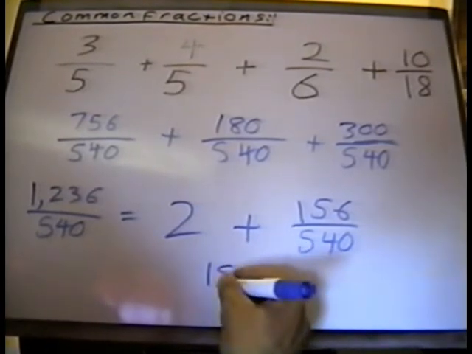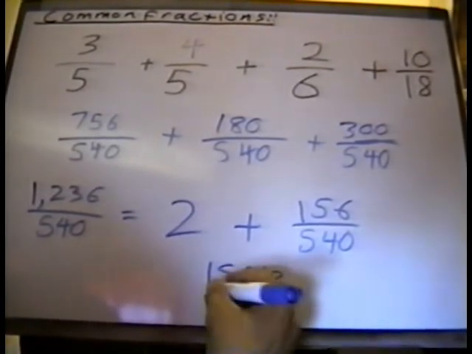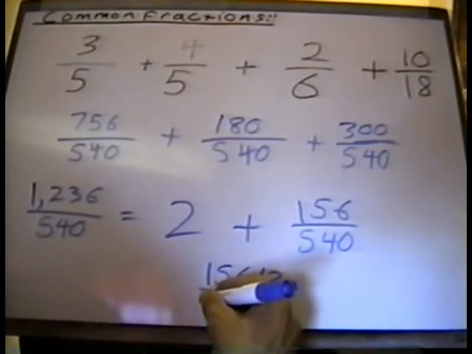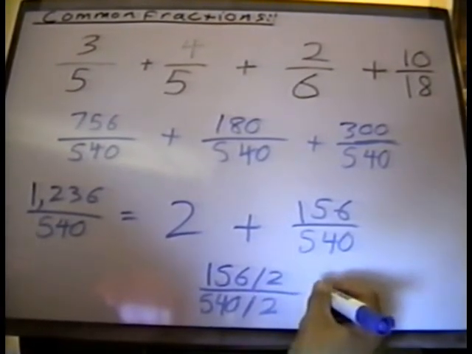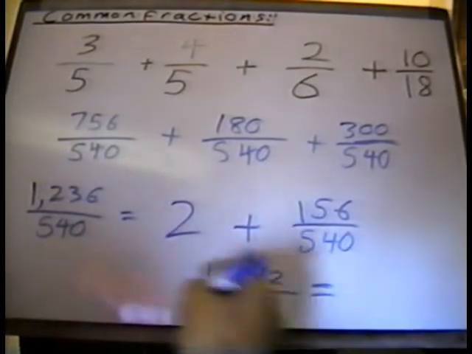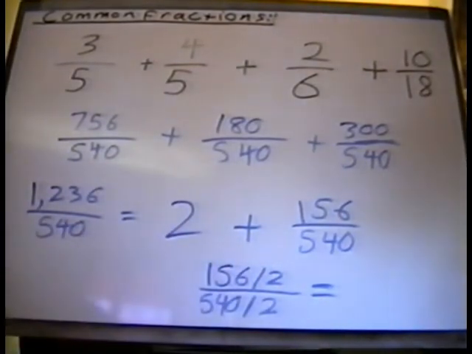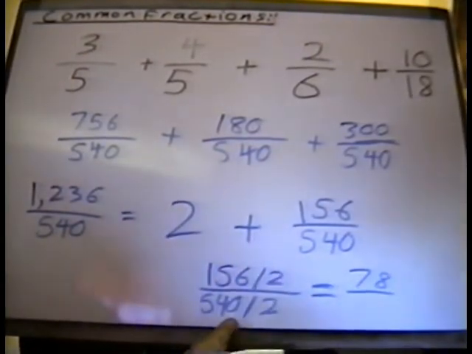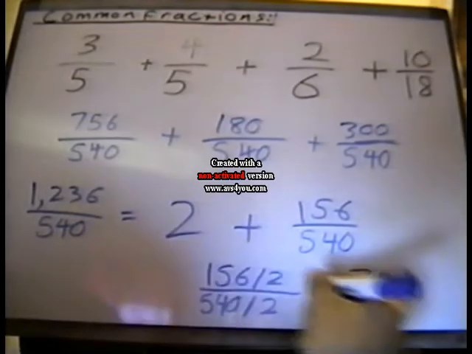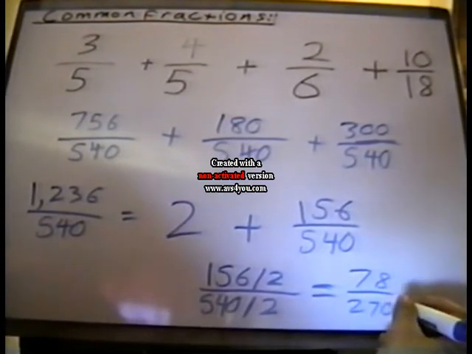Each can be divided by 2 evenly because they're both even numbers. Okay, now 156 divided by 2 gives you 78. 540 divided by 2 gives you 270.